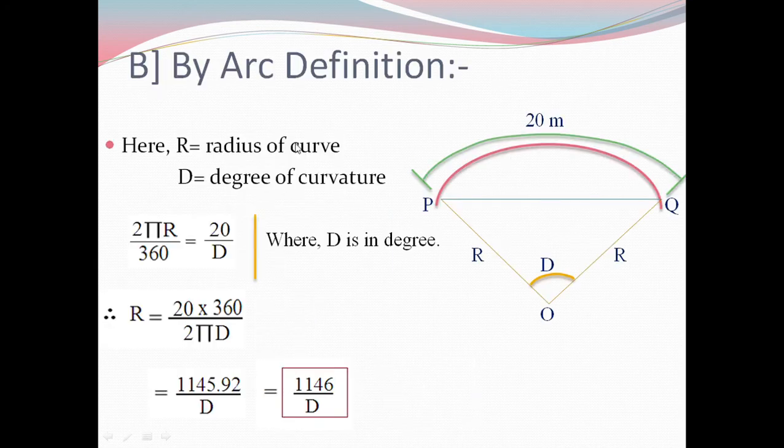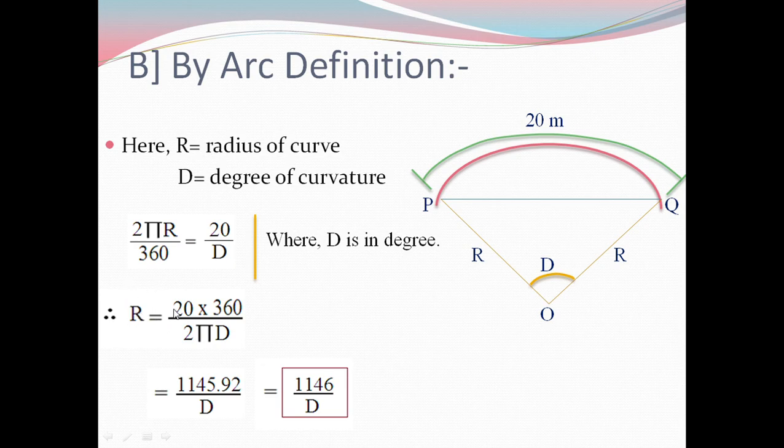The same by the arc definition. Here R is the radius of the curve, and the degree of curvature is for 20 meter, where D is in degree. The standard length is 20 meter, D is the degree and this is the radius. Here 2 pi R is one rotation, so 2 pi R divided by 360 is equal to 20 divided by D. We know that arc length is equal to radius into angle subtended.